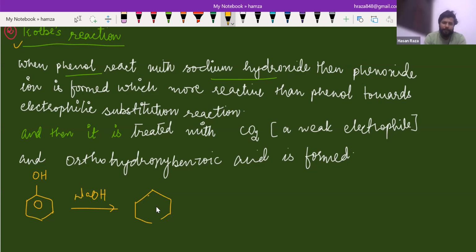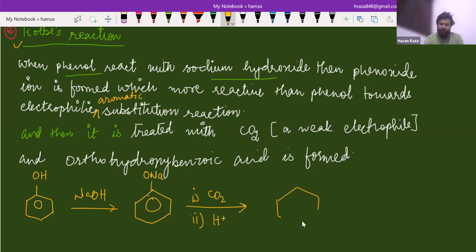And then we get a phenoxide ion which is more reactive towards electrophilic substitution reaction. And please write here electrophilic aromatic substitution reaction. And this will be treated with CO2 in the presence of acid. Then we will get ortho-hydroxybenzoic acid.